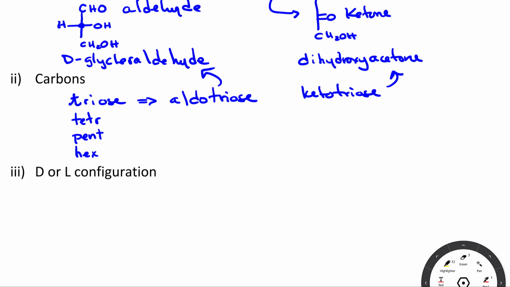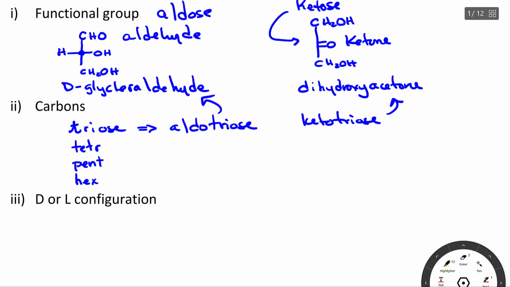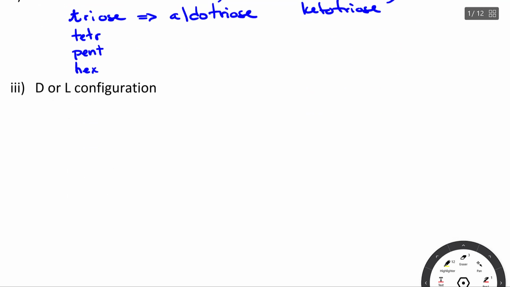So again, you can designate aldehyde or ketone, or you can designate number of carbons, and then you can designate D or L configuration. And this has to do with the stereochemistry of the carbon that's second from the bottom in the sugar molecule. So let me draw a tetrose for you. Tetrose would be drawn like this. And I'll put the OH on the right, and I'll put H here, it doesn't matter.